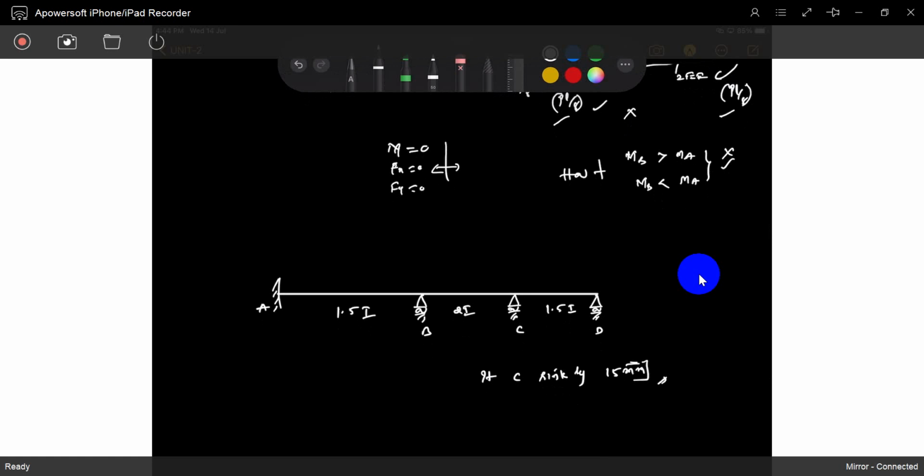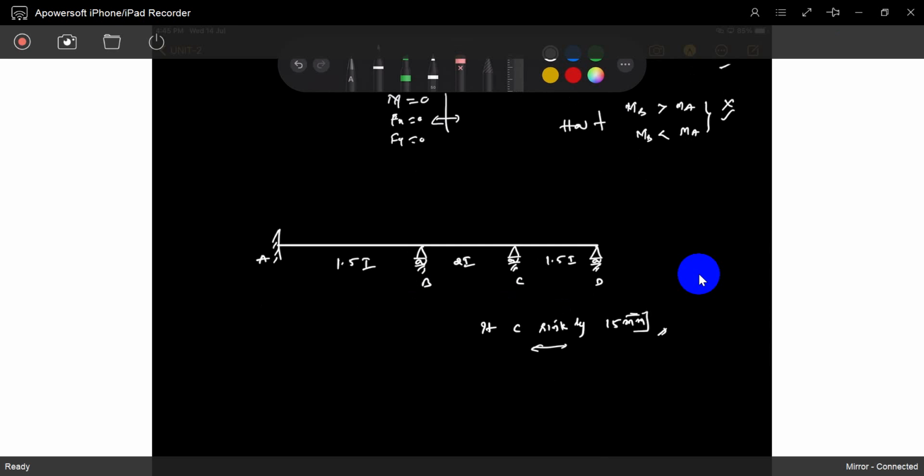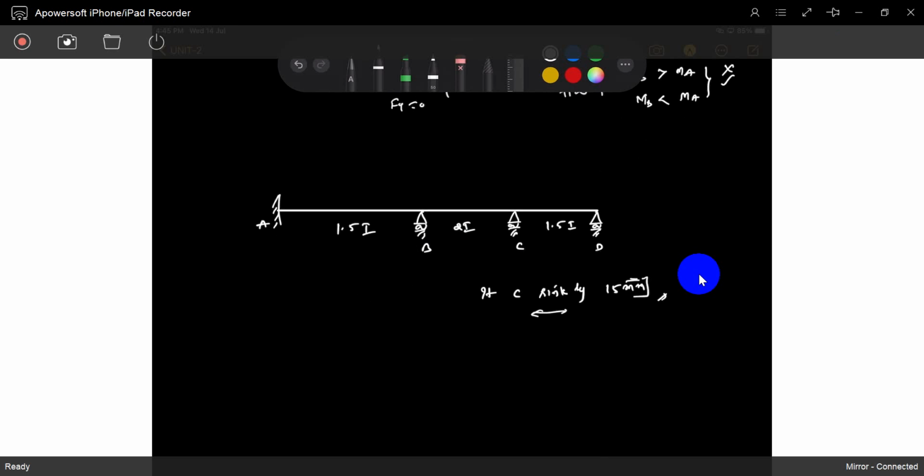We already did that. I only gave that C sinks by 15 mm. There is no need to do the same different loadings again. If a uniformly distributed load or point load is given, it's not a big deal. We already solved so many problems. So if any load is given, you can do it easily.